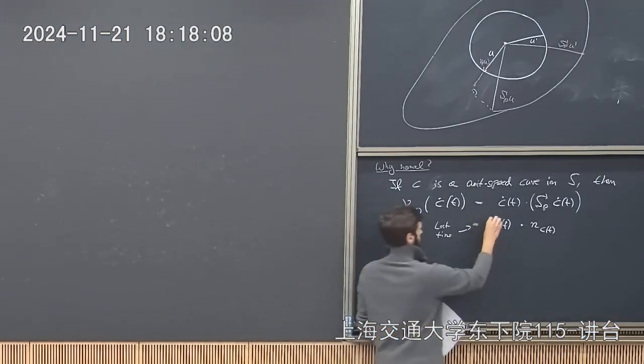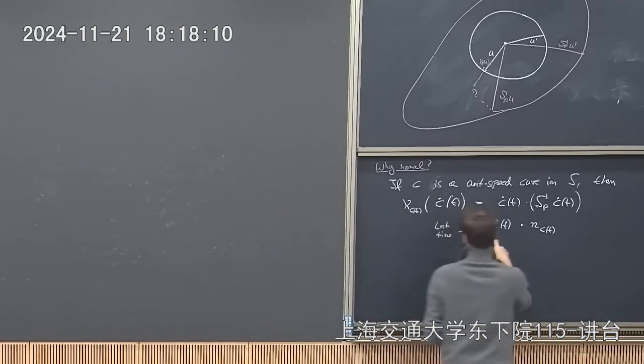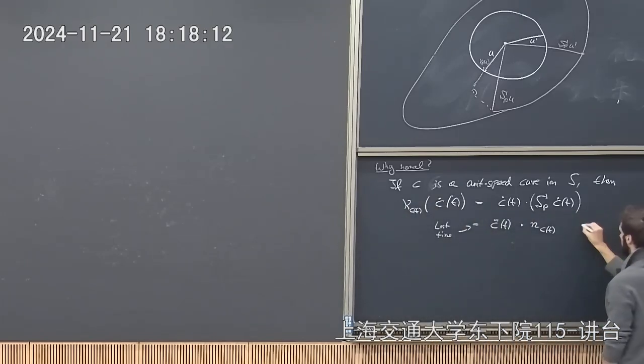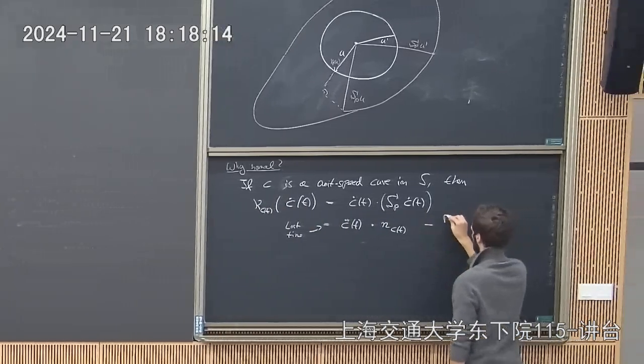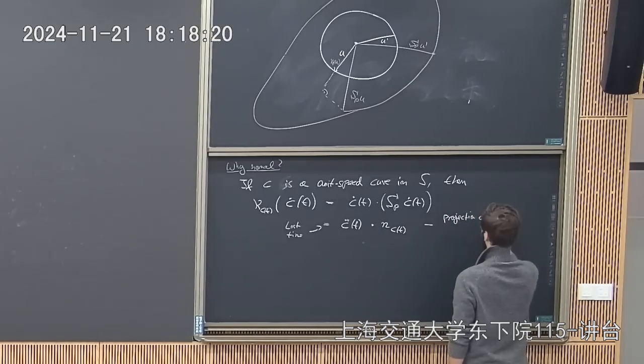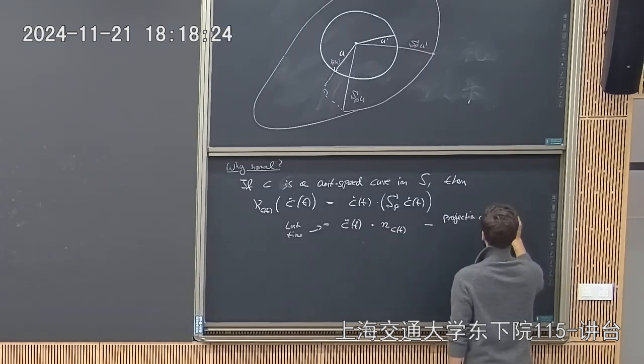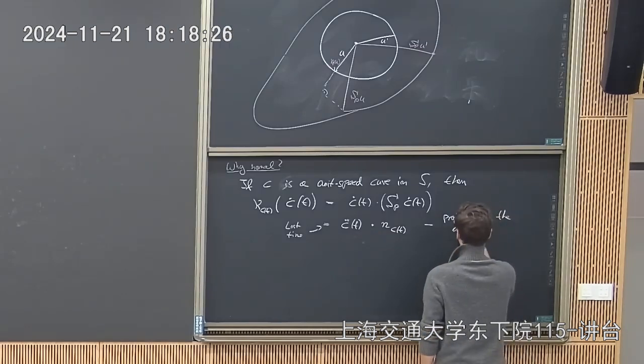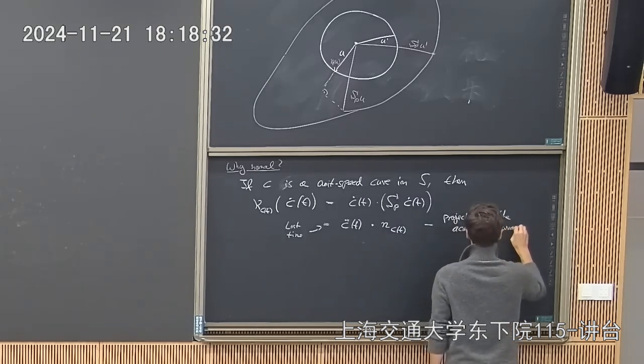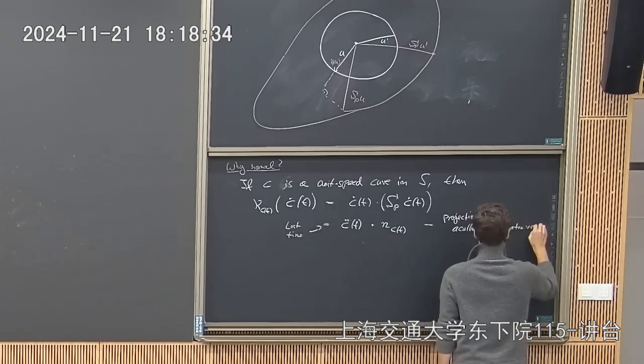So what you see here from that expression is that this one is now the projection of the acceleration, or if you want, in some way, the curvature vector.